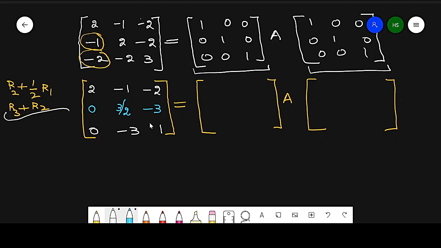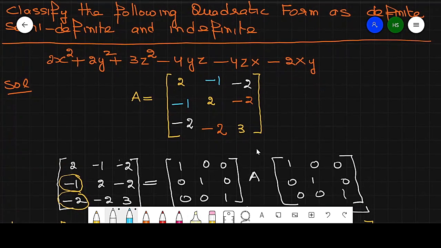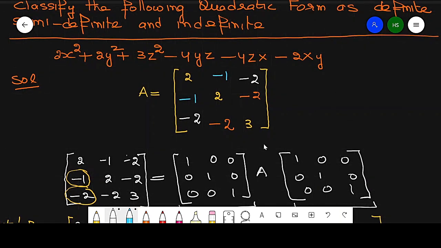In order to check the calculation, we have 2, 1 and minus 2. Just check the matrix A. In the given question, this is a plus, so this will be plus, and this will be plus too.